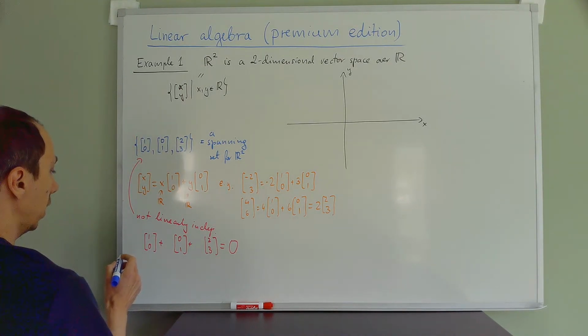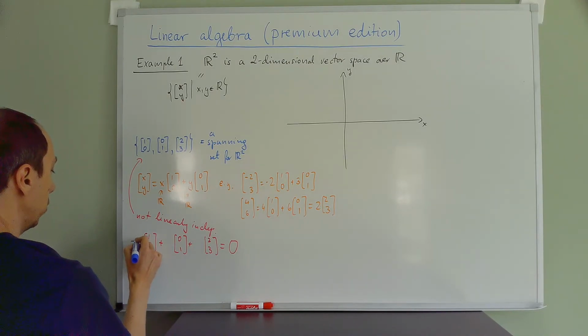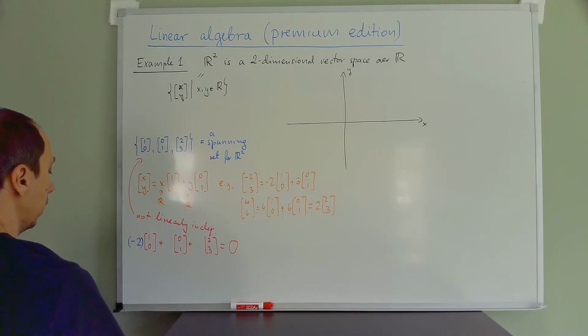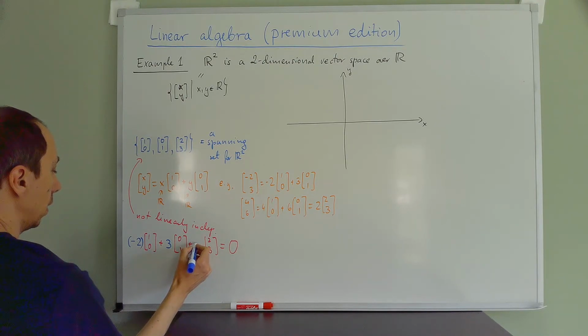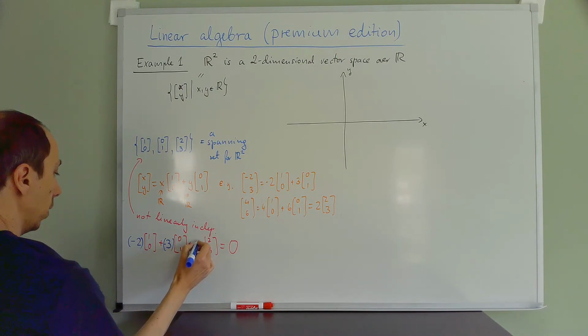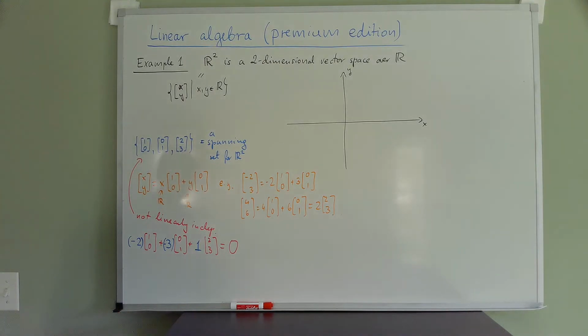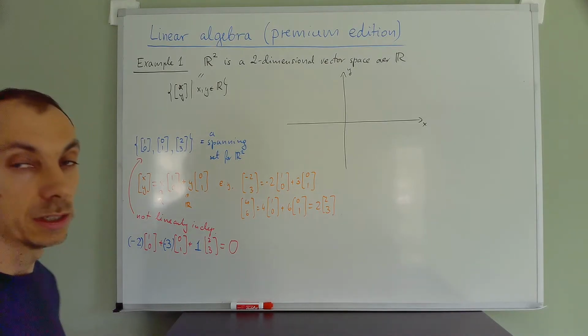So look, I can just use -2 times (1, 0) plus 3 times (0, 1) minus 3 plus 1 times (2, 3)... Yeah, if you try that, that gives you (-2, 0). That gives you 0, minus 3 plus 2, 3 is 0. So this shows that they are not linearly independent.